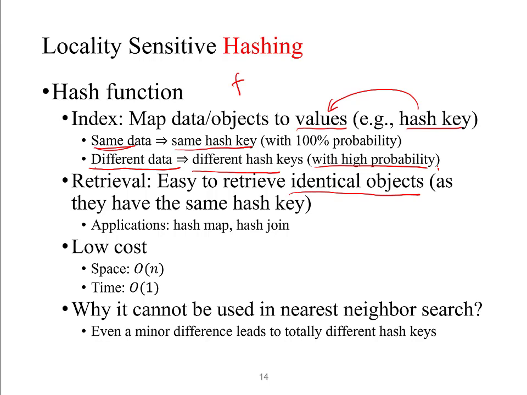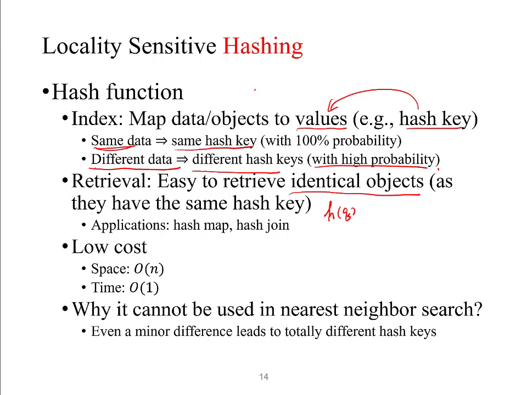Then in the retrieval phase, when the query comes, we compute the hash key of the query. Let's say here we should use H, it is better. Anyway, we compute the hash key of the query, and then we search this hash key within the hash map.